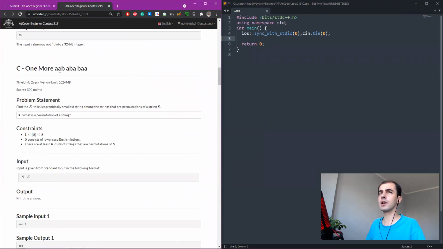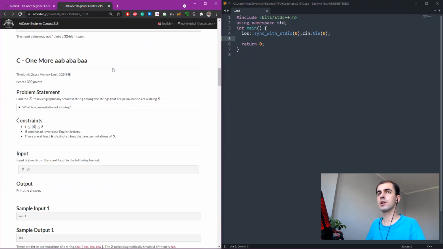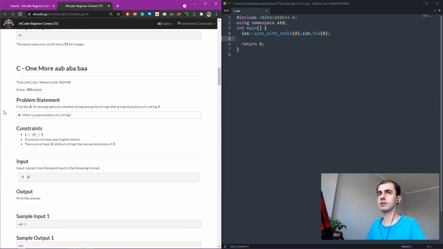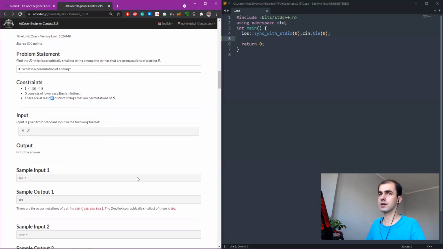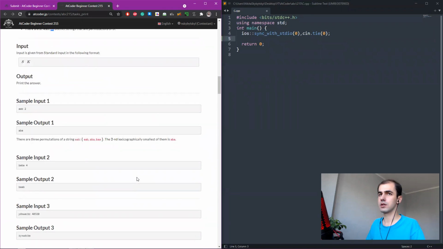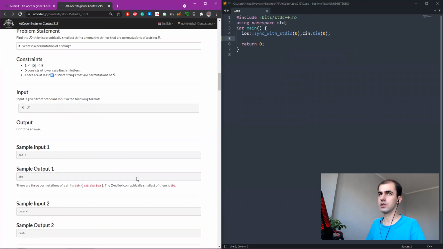Problem C, One More aab, that's fun. I remember we've seen this problem recently, like 2 or 3 weeks ago, something like that. We want to find the K-th lexicographically smallest string among the strings that are a permutation of string S. Well, okay, but I mean, because of how small S is, we can just loop over all permutations, right?